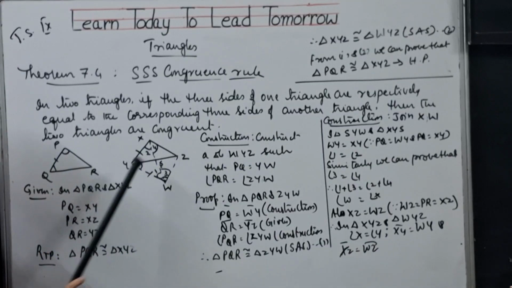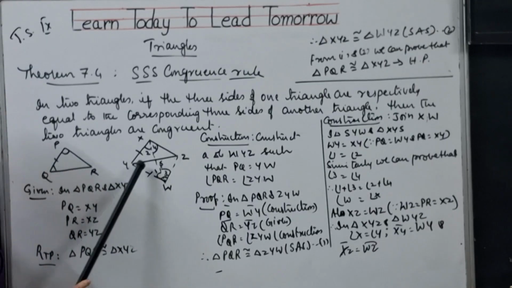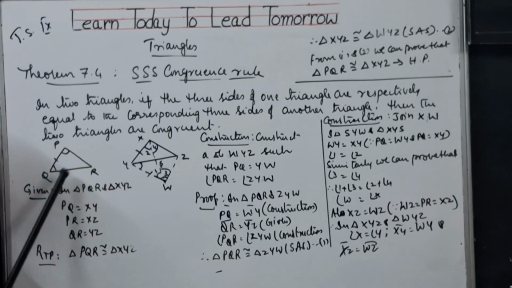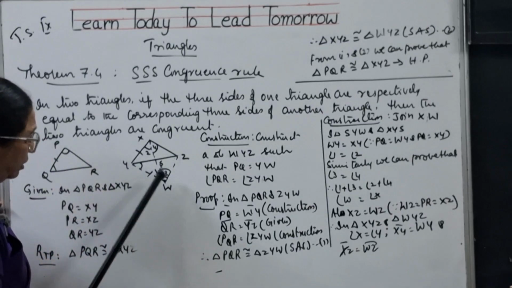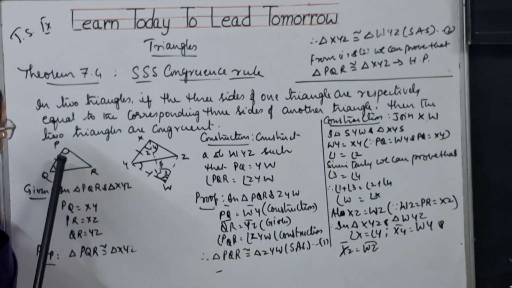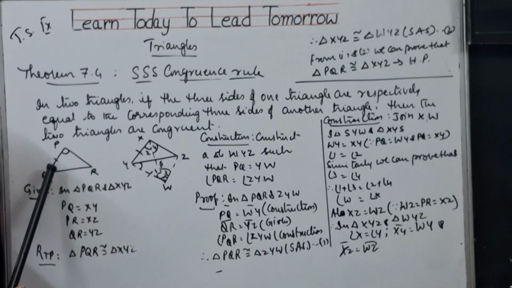Now there is a construction. What you have to do? You have to draw WY, which is equal to PQ, and angle ZYW, which is equal to angle PQR. When you do this construction, in these two triangles, PQ is equal to WY, our construction.